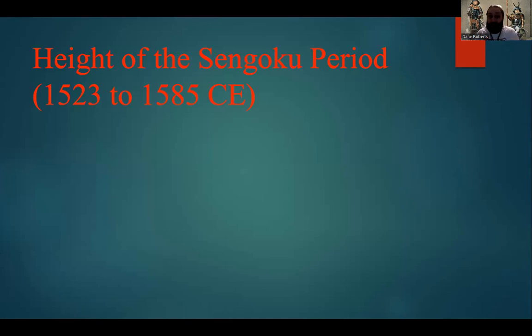Now, I could cover the entirety of the Sengoku period, going from 1477 onwards. However, that would be either several videos or one long video. And so, for the sake of time, we're going to take a look at the height of the Sengoku period, when much of the political and technological changes took place.